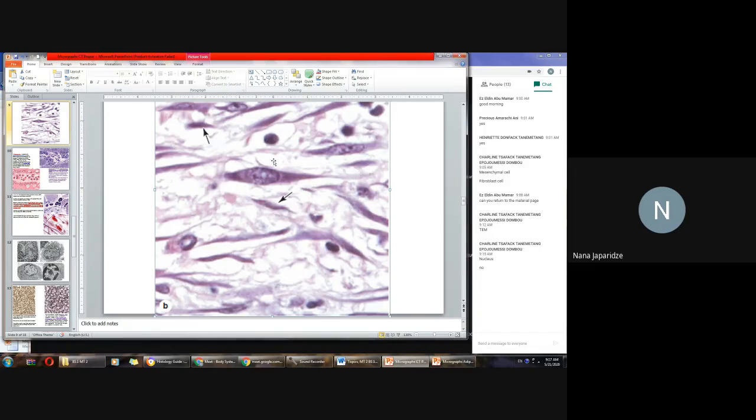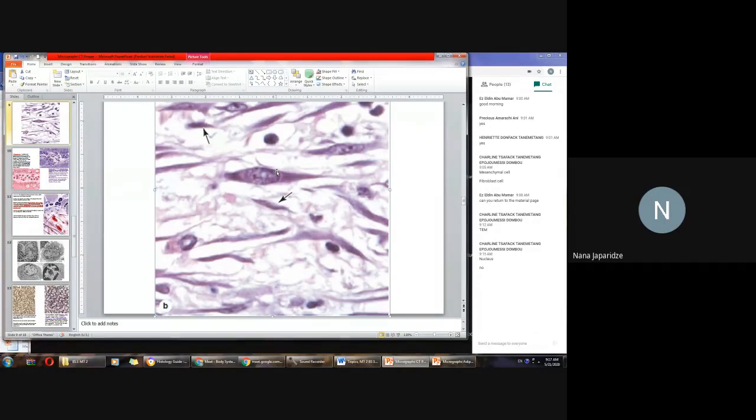Look, this one. And that one. First, this one or that one. Look, okay, if I give you the... They're fibroblasts.